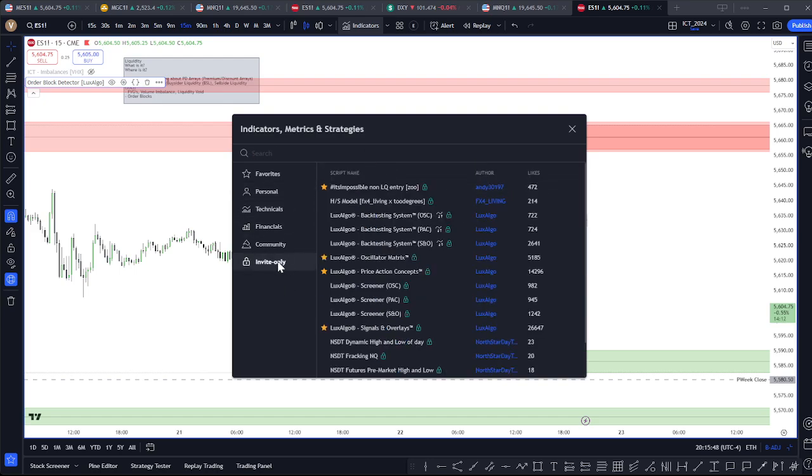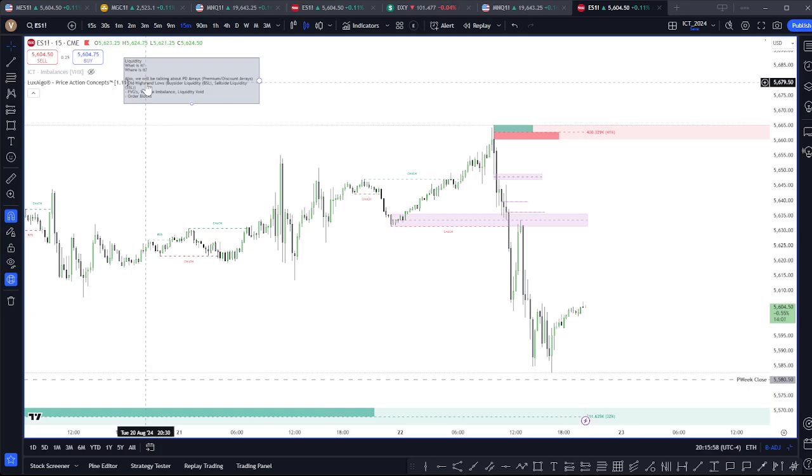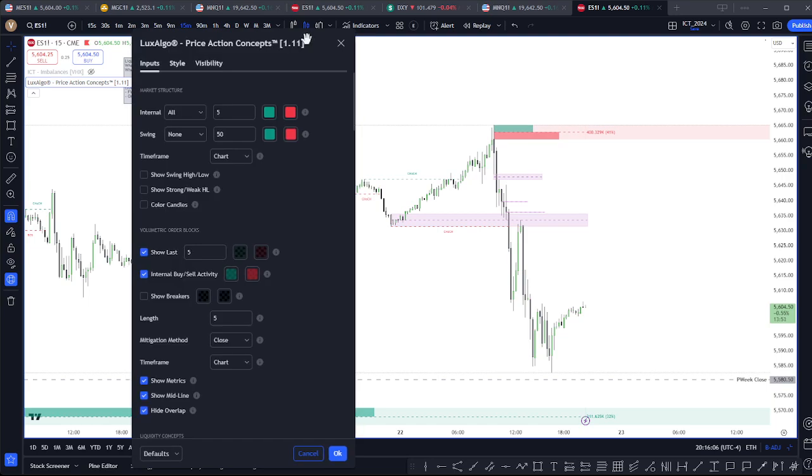I have something that I paid for. Let me use that only, that I know gives me that information. This is a paid indicator that I have from LuxAlgo.